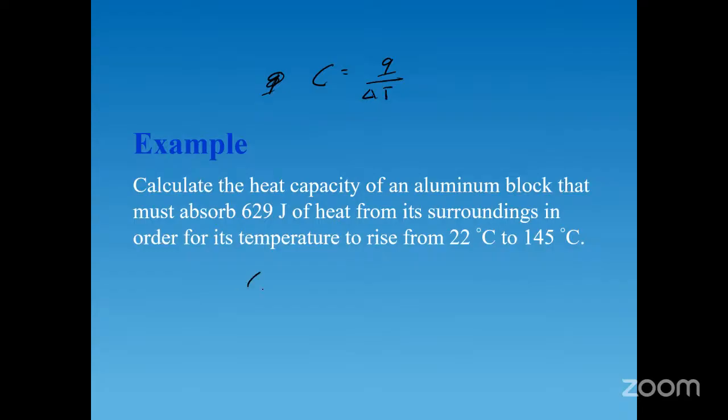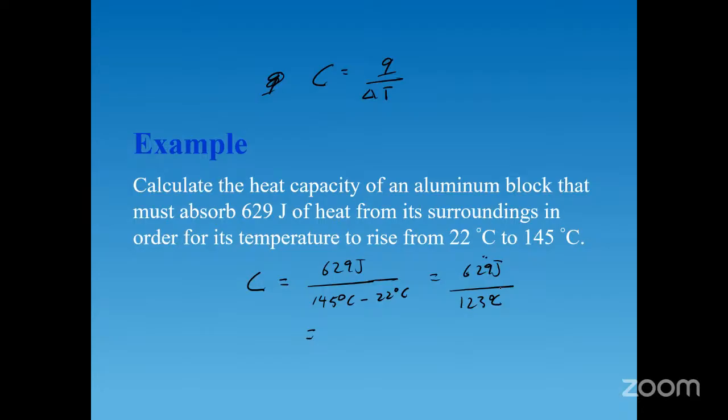So in this case here, C is equal to Q, which is 629 joules, divided by delta T, which would be the final temperature, 145 degrees Celsius, minus the initial temperature, which is 22 degrees Celsius. All right? So let's see what that gives. 145 minus 22. So according to my calculation, this would be equal to 629 joules divided by 123 degrees Celsius.